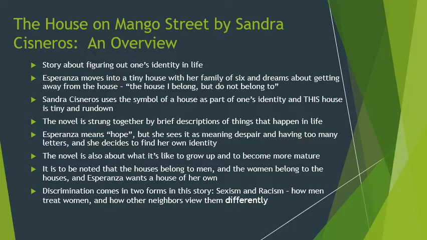Okay, the author uses the symbol of a house as part of one's identity, and this house is, well, tiny and run down. Again, sad. The novel is strung together by brief descriptions of things that happen in life, vignettes, they call them.